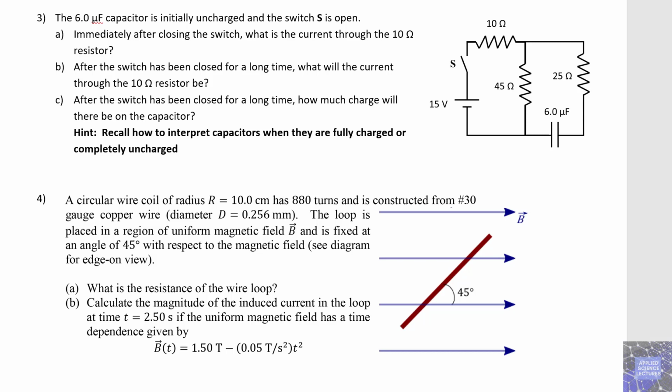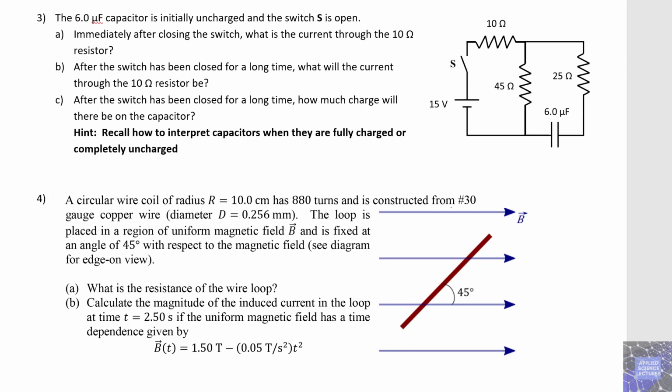The third question is also a capacitor of 6 microfarad that is initially uncharged, and the switch was open. Immediately after closing the switch, what is the current through the 10 ohm resistor?